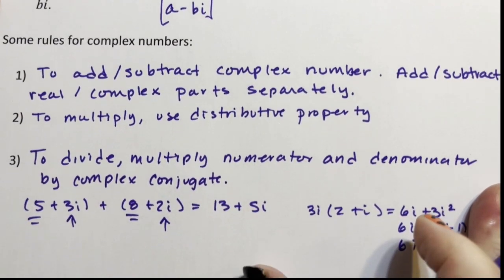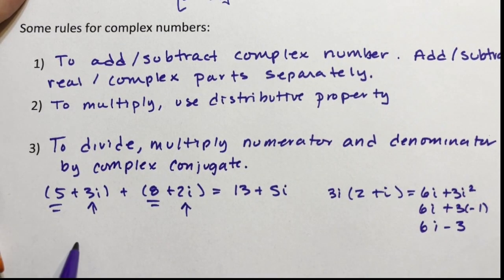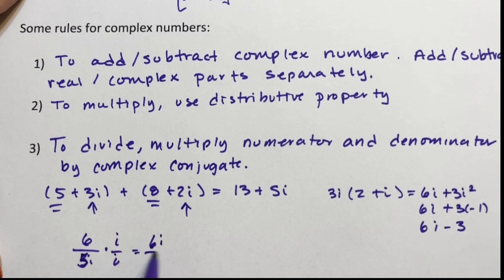So if I have 6 over 3i, the complex conjugate of this is just going to be 3i, or just i. I just need to get rid of the i. So if I just multiply by i over i, I'll get rid of that i to give me 6i over 3i squared, which is 6i over, that's a -1, -3. And now the i is no longer in there.